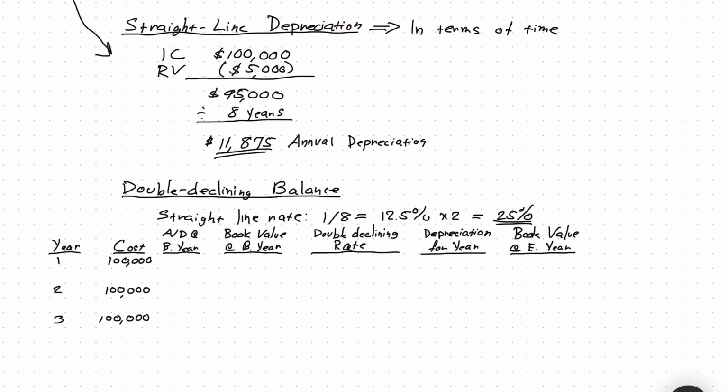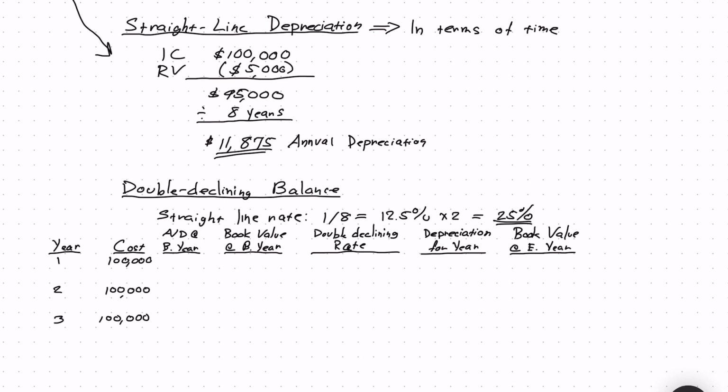So contra asset, it is the opposite or contra to an asset. And with accumulated depreciation, it will always be tied to a specific asset. So on this one, this accumulated depreciation will always be tied to our truck. Whenever our truck gets disposed of, the accumulated depreciation will also be removed from our books.